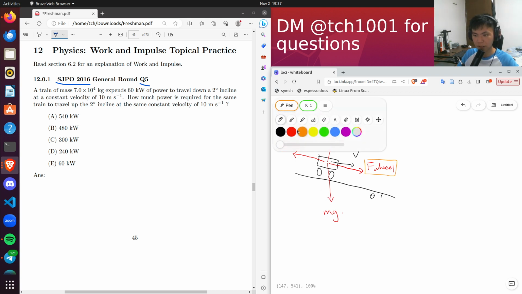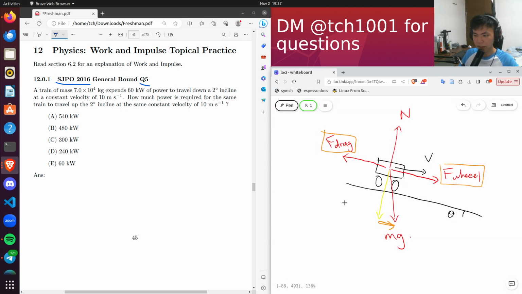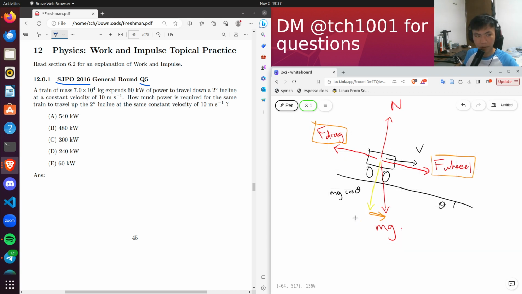So if I break down gravity, the weight, the gravitational force acting on the train by Earth, into a perpendicular component, which I'll highlight in yellow, and a parallel component, which I'll highlight in orange, it's going to be accordingly: the yellow is going to be mg cosine theta, and the orange parallel component will be mg sine theta.